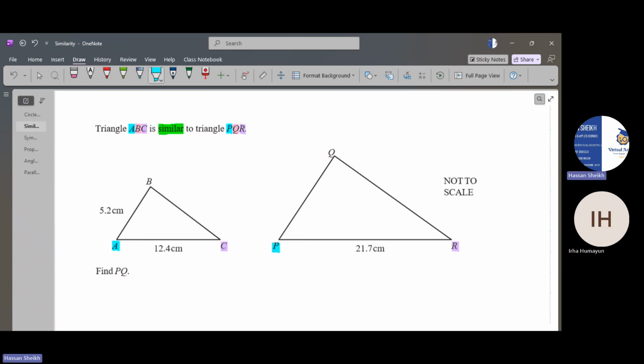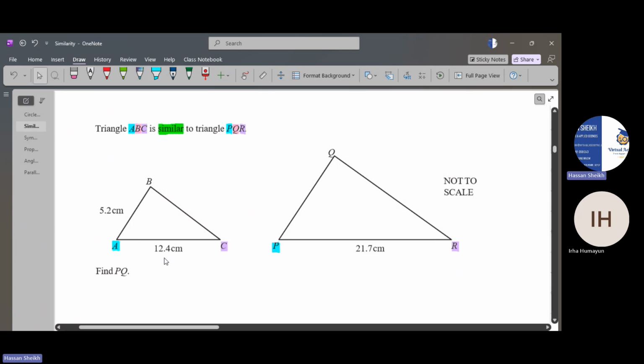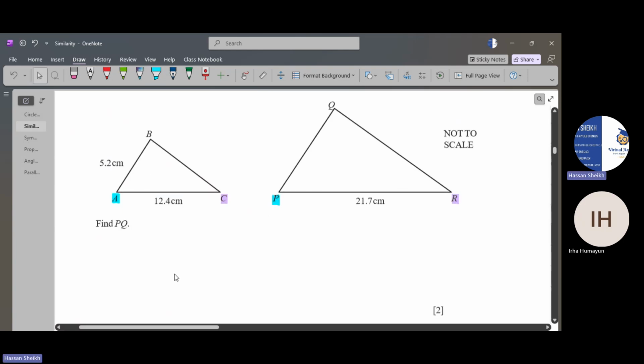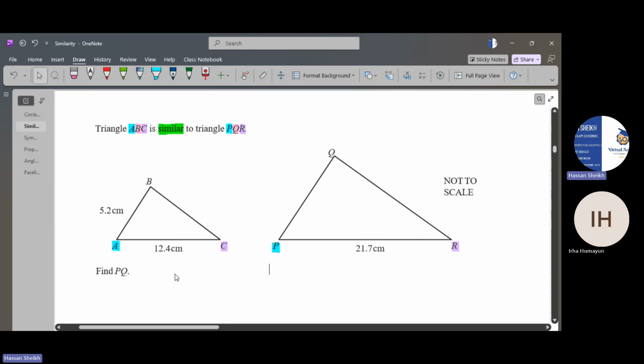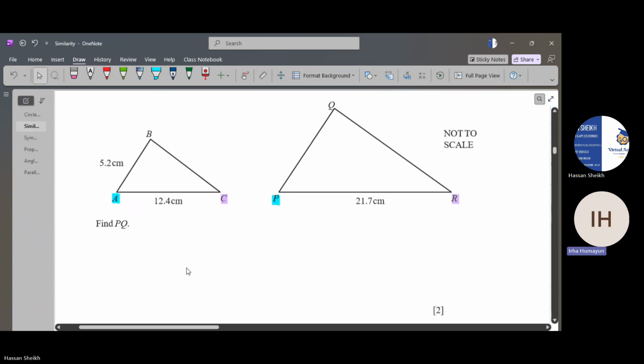Now, because the two triangles are similar and they want you to find PQ, is PQ one dimensional? Is PQ a length? Yes. PR is the length, PQ is also the length.